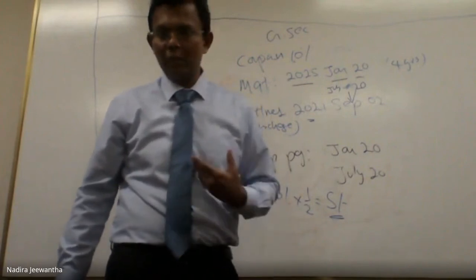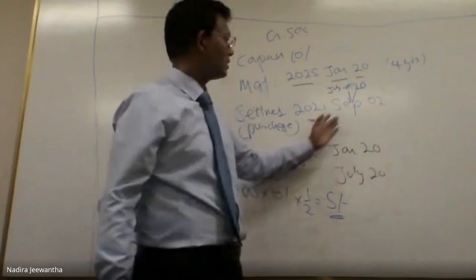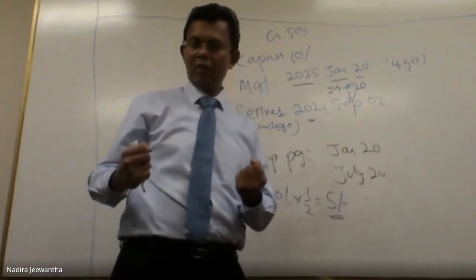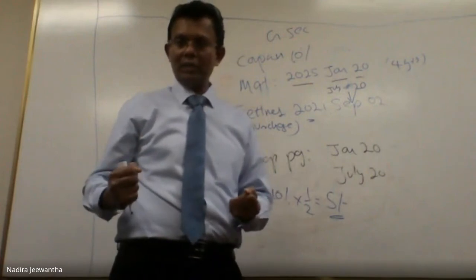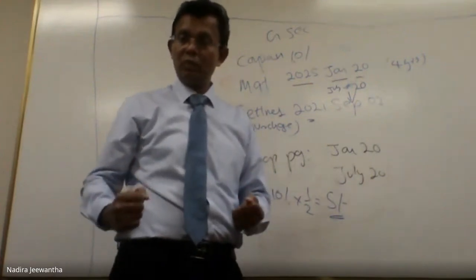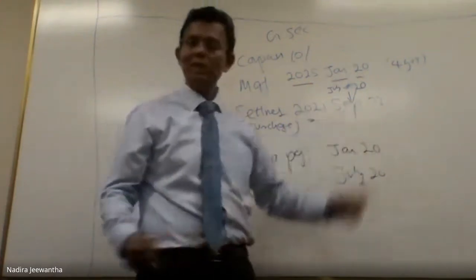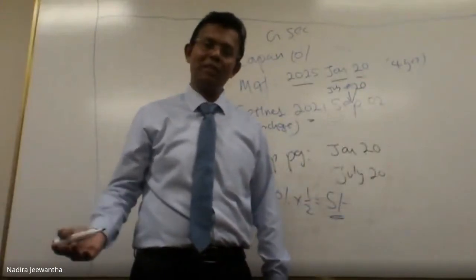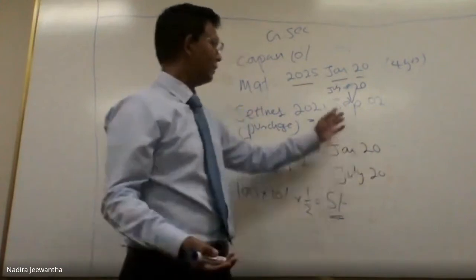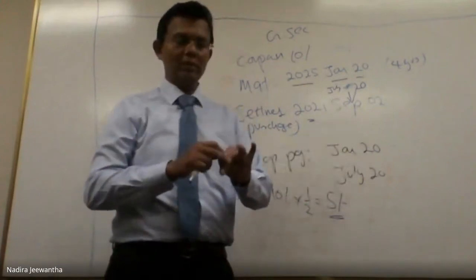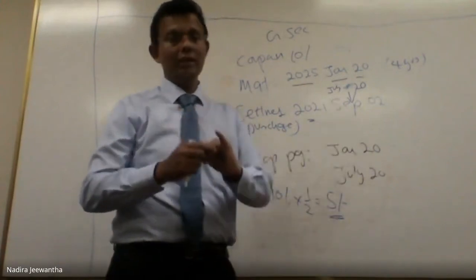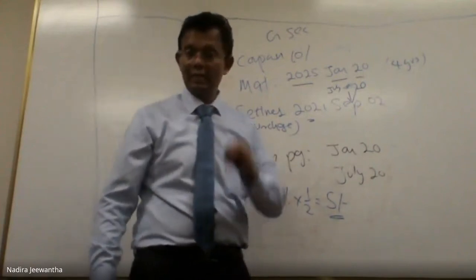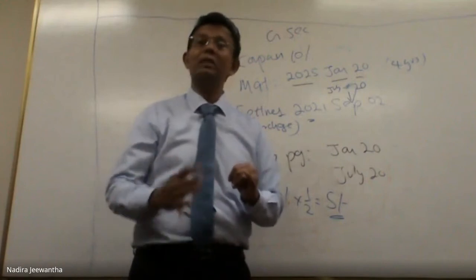My money has been invested only on September 2nd. So anything I should receive based on the return of this particular investment should be from September 2nd. It's only 4 months and 18 days. September, October, November, December, January, 4 months. January 2nd is 4 months. So then we have another 18 days. That's how I calculated 4 months and 18 days, right?